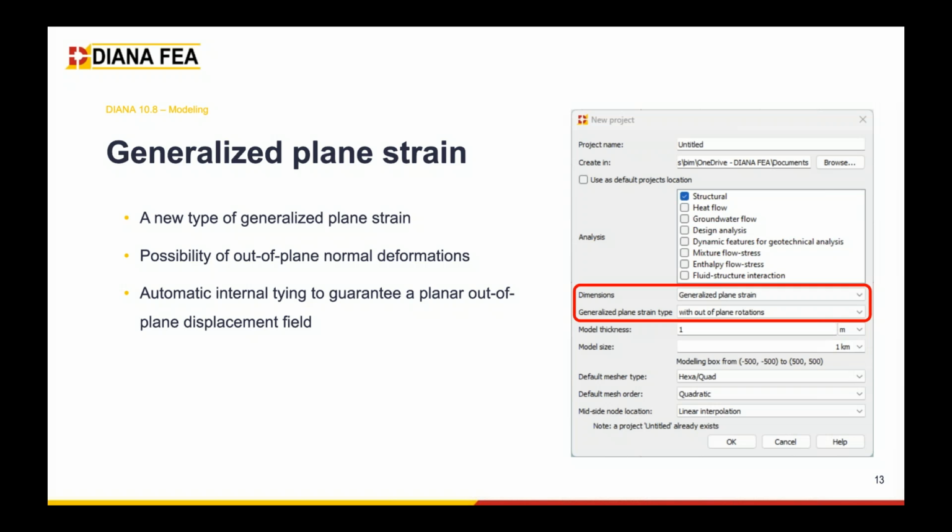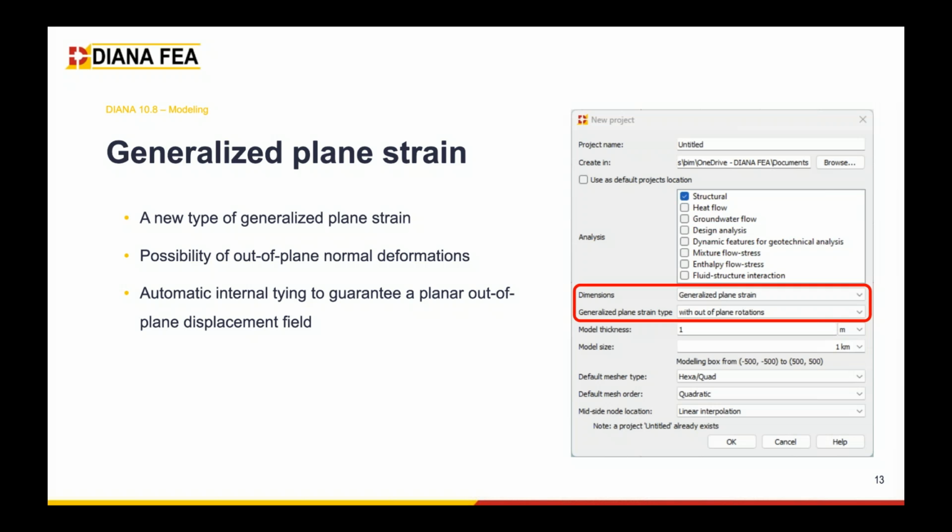So if the model geometry, loading, and etc. satisfy plane strain requirements, but it is allowed to deform in the out-of-plane direction, then generalized plane strain, this new version, comes into play, where basically it is a two-dimensional analysis, so you will have a lot of computational saving, but in addition to in-plane deformations, we now also have out-of-plane displacements with this new type.